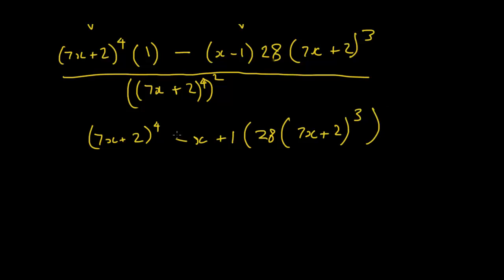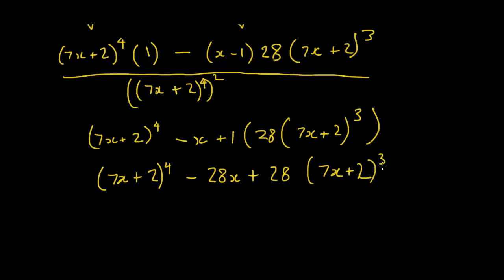So we have (7x plus 2) to the 4, then negative 28x plus 28 times (7x plus 2) to the power of 3. Now this isn't that difficult anymore, since we can pretty much factorize all of this.